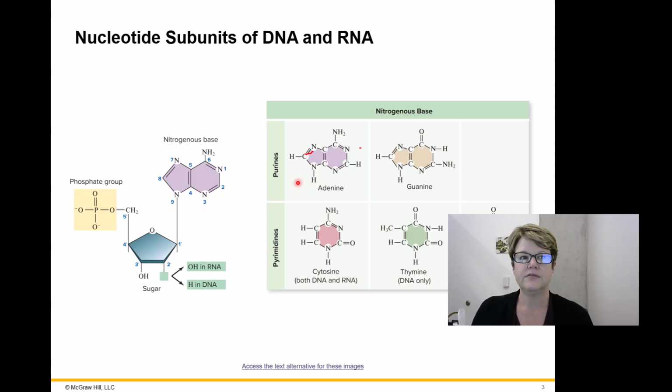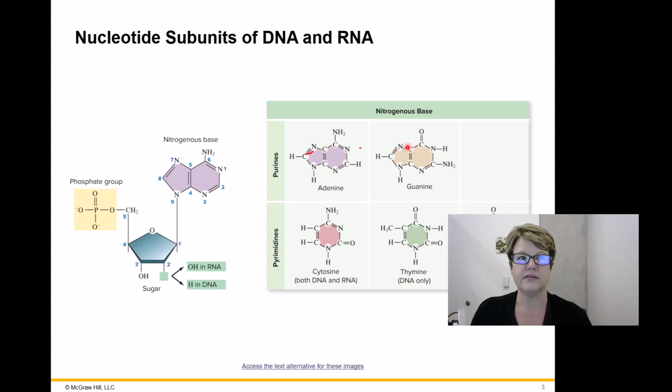You have really 2 types of nitrogenous bases, ones that are called the purines and ones that are called the pyrimidines. The purines are adenine and guanine, and both adenine and guanine have this ring structure. You see how there's carbon and nitrogen and hydrogen. And these nitrogenous bases have a 5-membered ring attached directly to a 6-membered ring. So sort of a little pentagon attached to a hexagon.